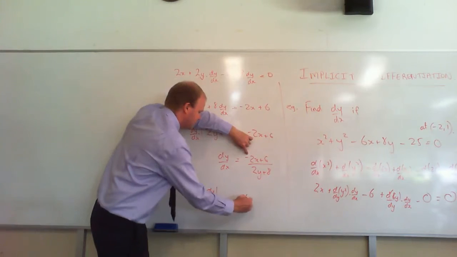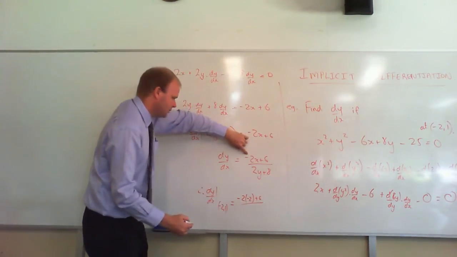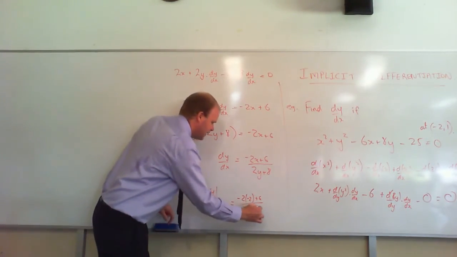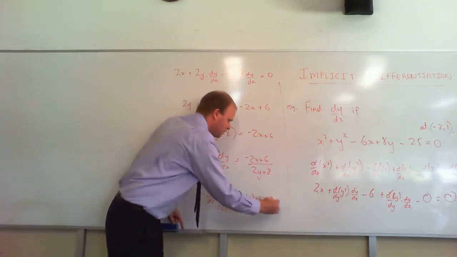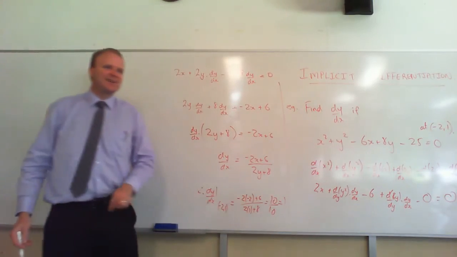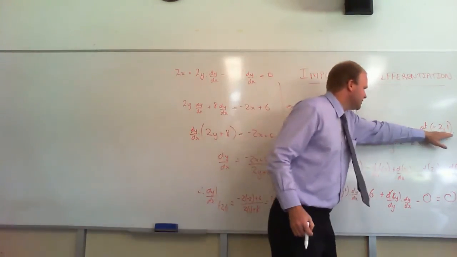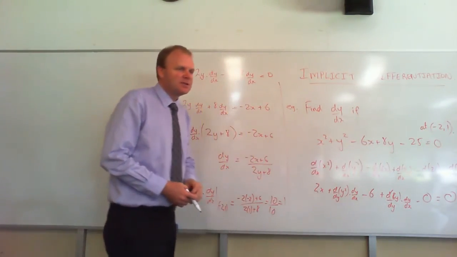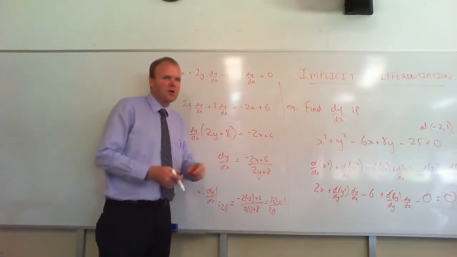Negative 2 times negative 2 plus 6 over, y is 1, 2 times 1 plus 8, which is 4 plus 6 is 10 over 10 equals 1. So the gradient at this point of this curve, which is an ellipse, is equal to 1. So if you're finding the tangent or the normal, you could now use the gradient and do your y minus y1.